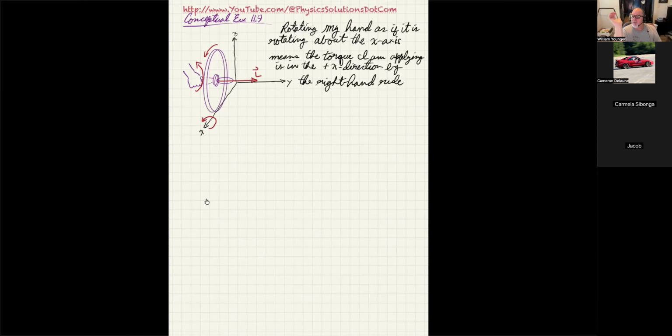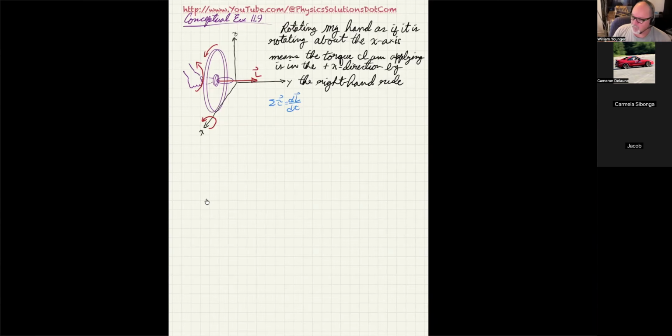So rotating this way, notice my thumb is pointing at me when I'm doing that, but that's what my wrist is trying to do. My wrist is like this, holding the wheel like this, and I'm trying to lift that way. So that's the equivalent of my hand rotating that way. And you can see that my thumb is actually pointing towards me. So the torque direction is in the positive x direction. Now, here's the big thing. The summation of the torques is equal to dL dt is the equation we're using.